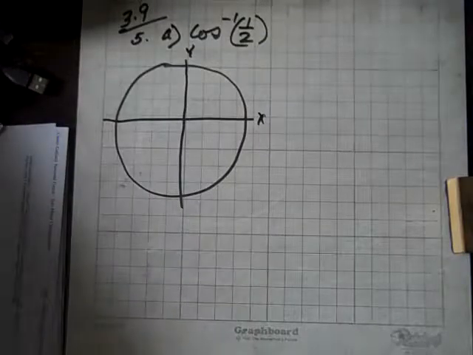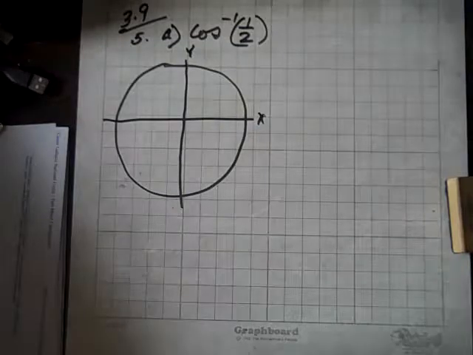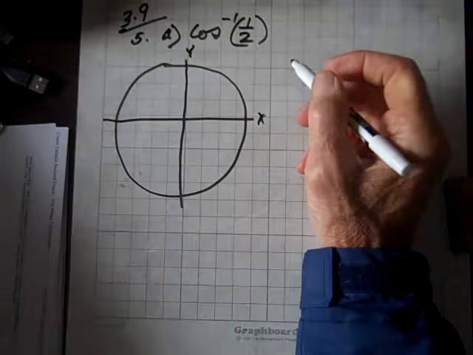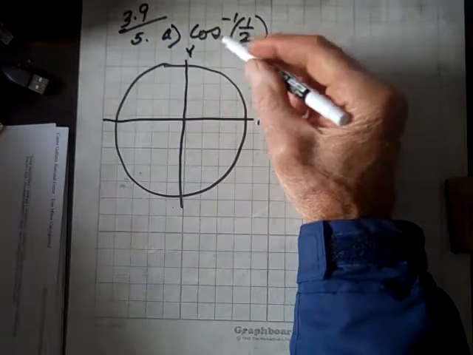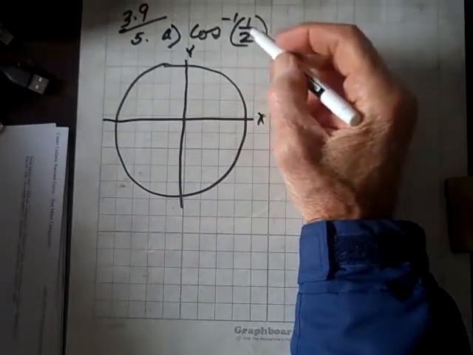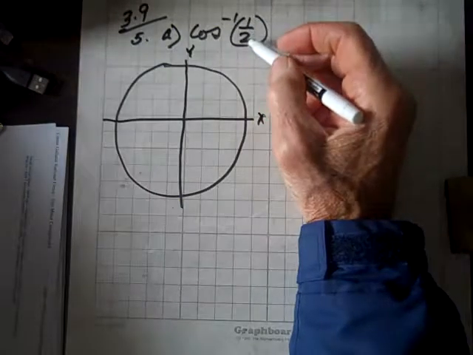Okay, so now we're on section 3.9. We're doing question 5, which has 3 parts. And so we've got this angle, inverse cosine of the ratio 1/2.